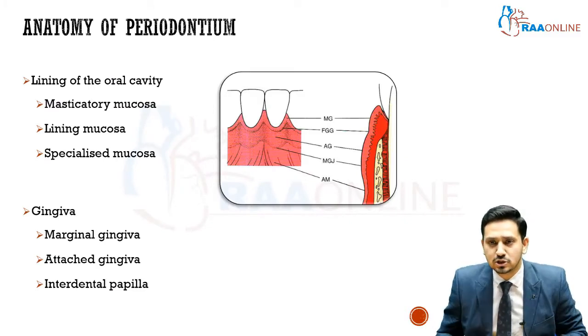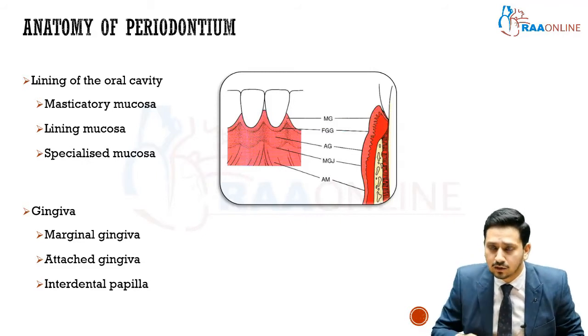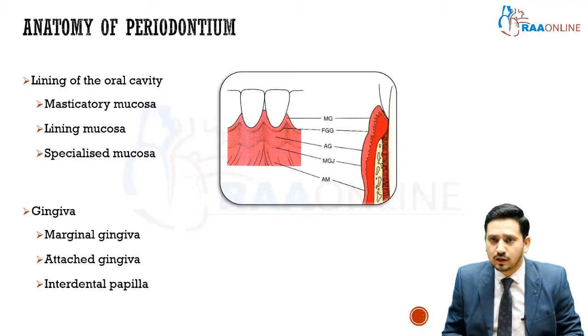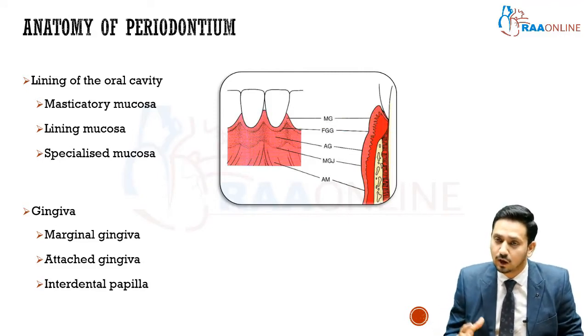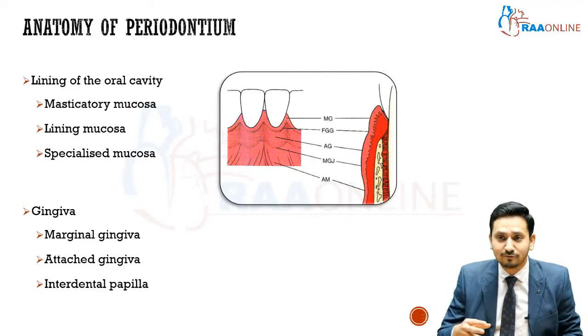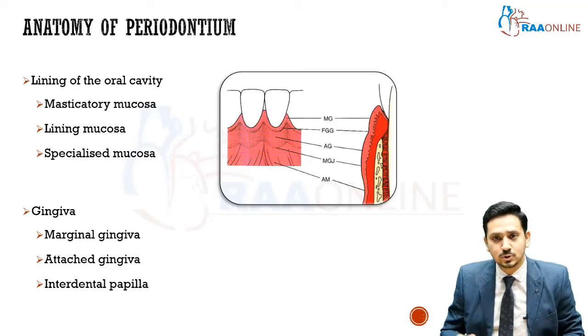So in this picture you can see there is a tooth and there are certain layers that I have marked. Before we move on to that, we have to know what are the linings of our oral cavity. Our oral cavity lining can have three different types of mucosas. One is your masticatory mucosa, another is your lining mucosa, and your specialized mucosa.